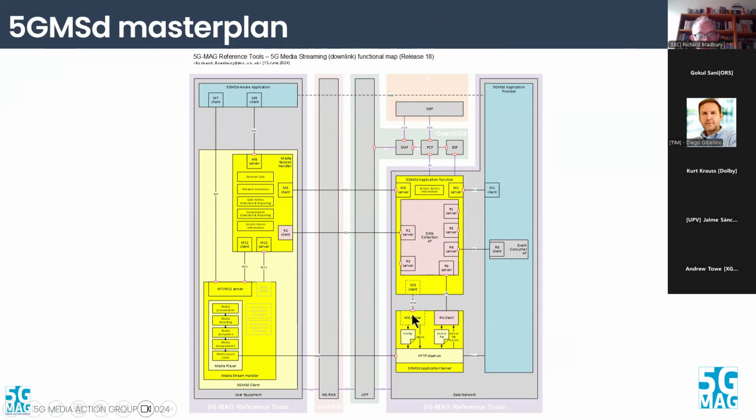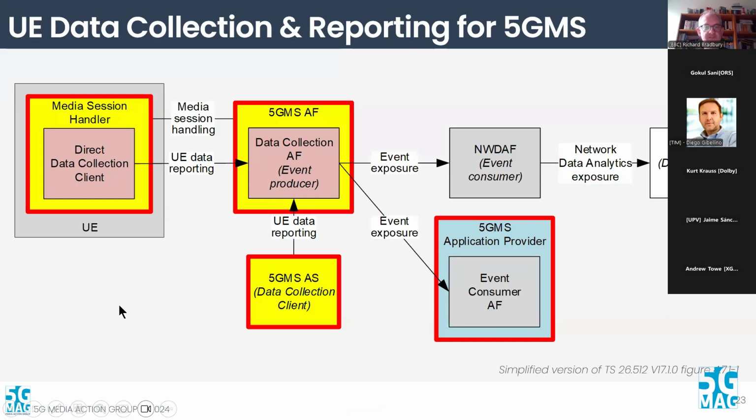And we can enhance the application server down here so that it reports application logs at this reference point as well. That's how we see it integrating into 5GMS. And this is a different version of the same picture that shows those things I just described. The media session handler does some direct data reporting, the application server provides its application logs, and then we can expose the information to the 5GMS application provider here.